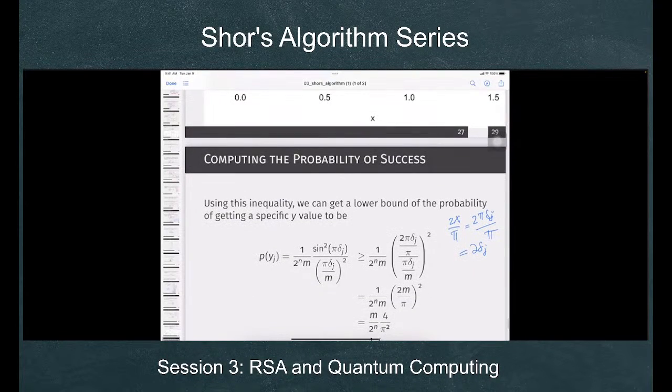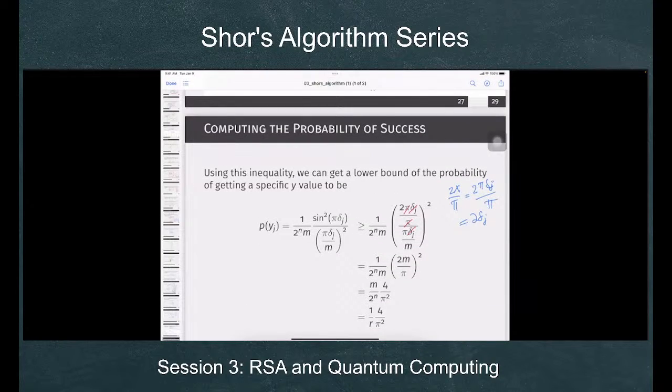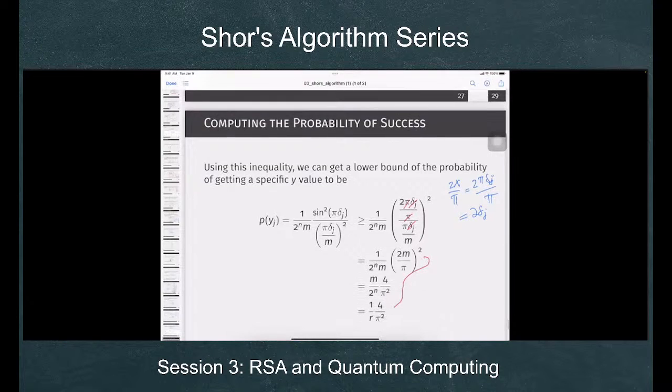Then you can cancel this, okay. So what you get is 2m over pi, so you get 2m over pi squared. And then if you simplify this, you will actually get this one here.